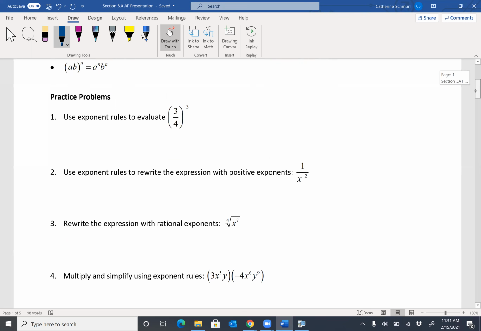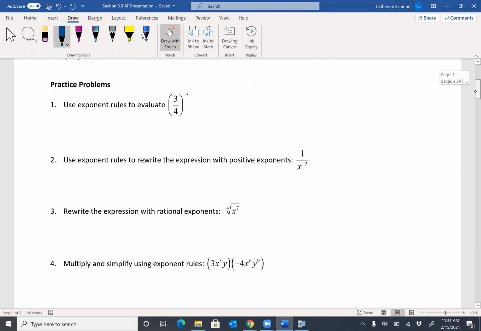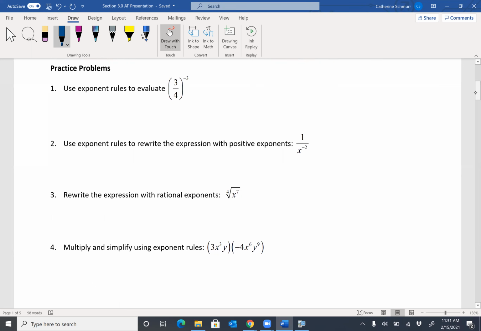So here are some practice problems. We want to use exponent rules to evaluate 3 over 4 to the negative third power. The first thing I'm going to do is use the rule that if we have a negative power, then I can flip the fraction and make it a positive power.